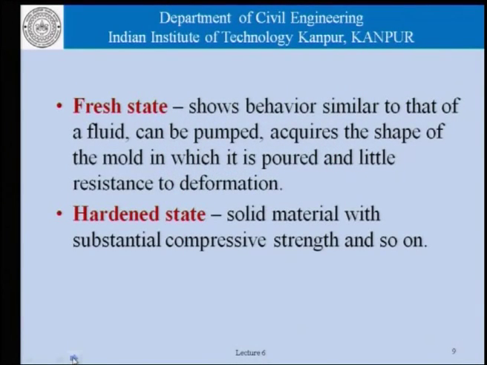As far as the hardened state is concerned, concrete transforms itself into a solid material with substantial compressive strength and so on. This transformation is brought about by hydration, and the hydrates of cement provide the basic structure of the chemical products that give strength to the concrete.